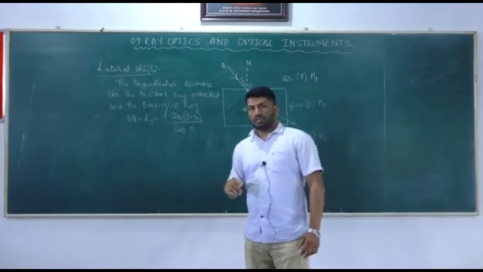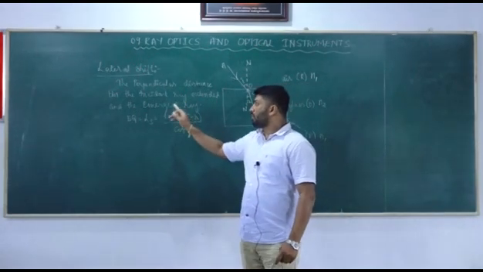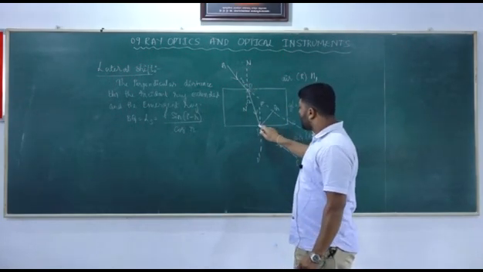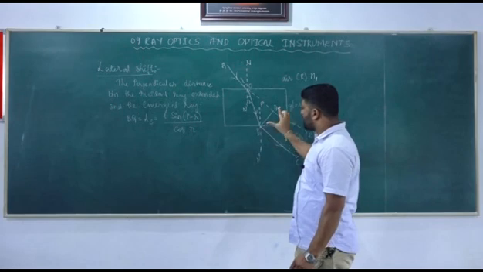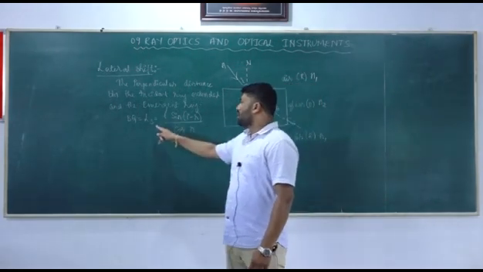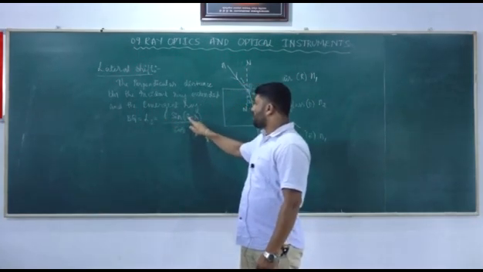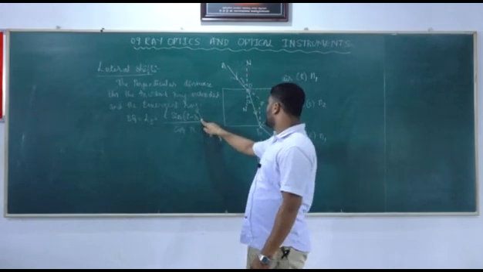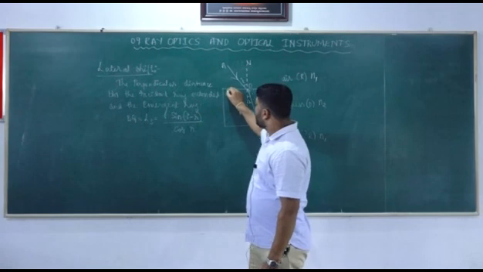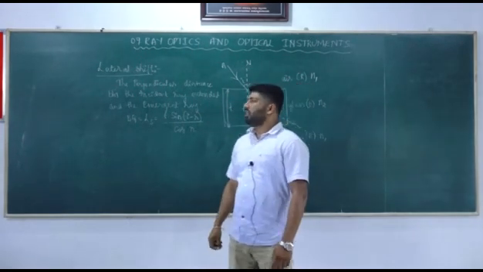So lateral shift is the perpendicular distance between the extended incident ray and the emergent ray. For the formula there is no derivation: T sin of (I minus R), where I is the angle of incidence, R is the angle of refraction, and T is the thickness of the slab. Okay, thank you.